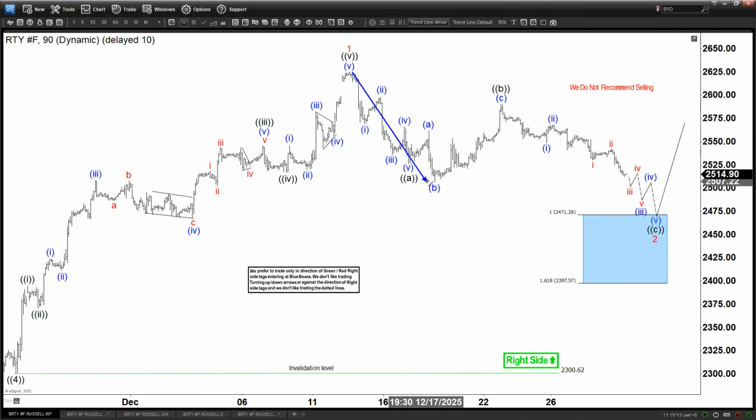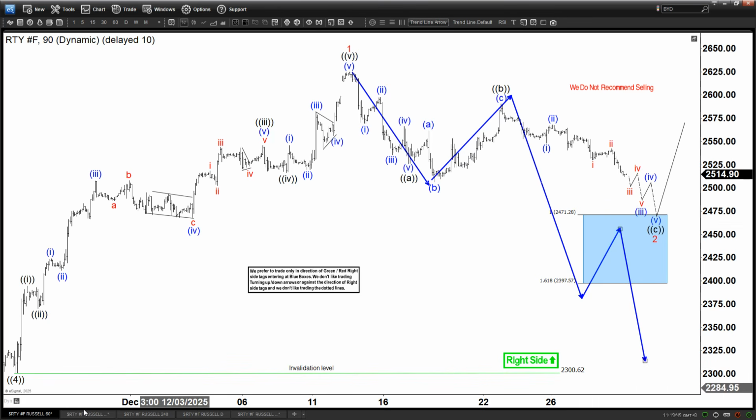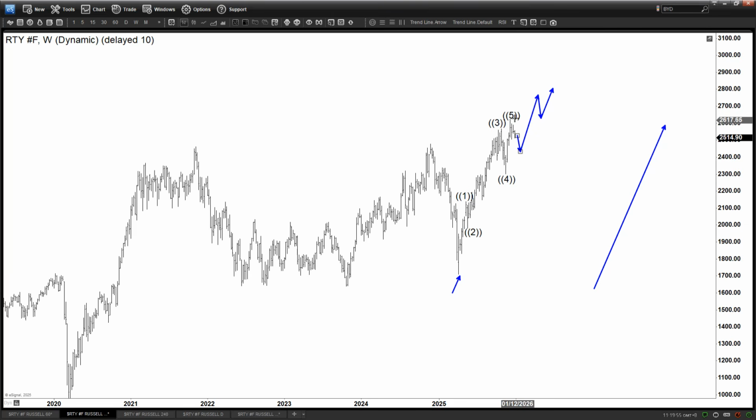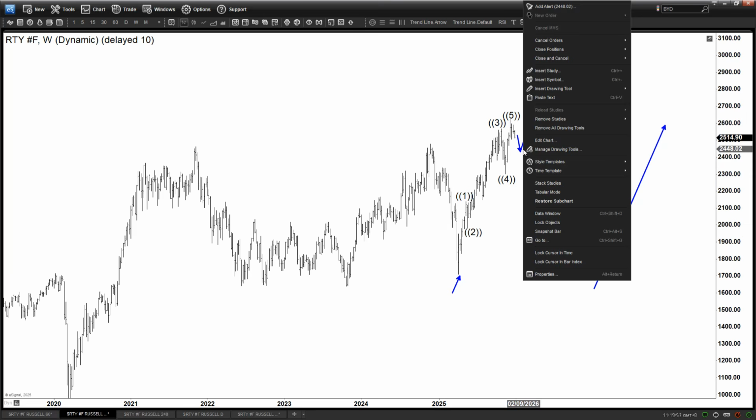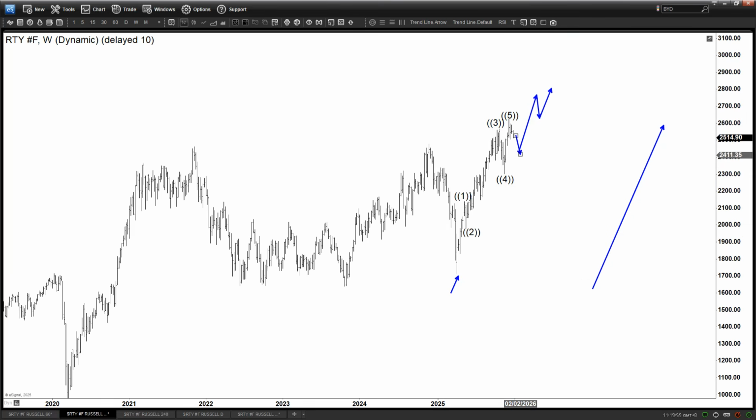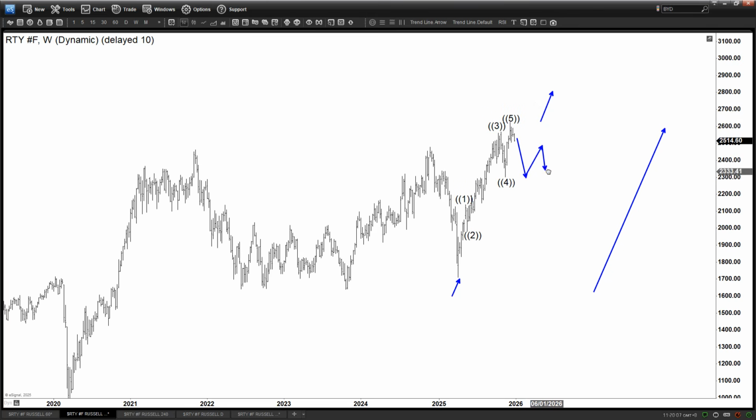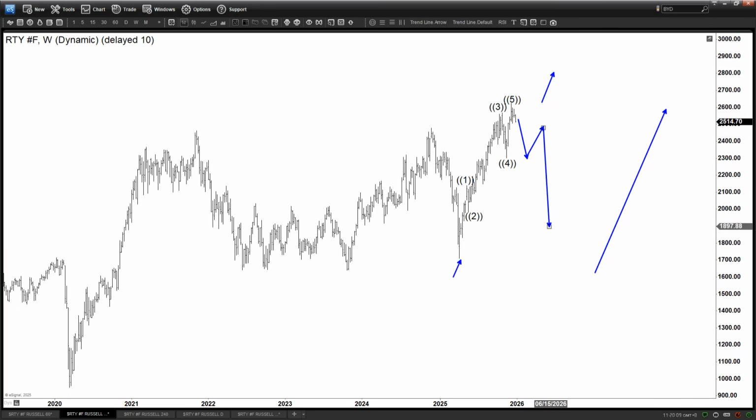So it can become like a 1, 2, like this, 3, 4, 5, and then that will become the A leg of the entire correction of this 5 waves. So we can have 5 waves down, A, B, C. That will be the alternate.